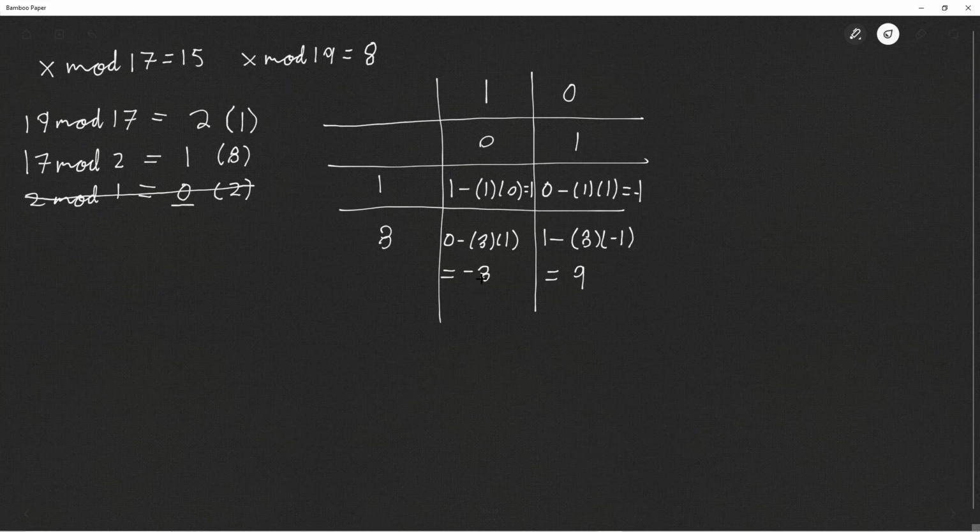So now what we do is, again, we'll take our leftmost column, which is negative 8, and multiply it by our larger prime, which is 19, and then multiply it by our opposite answer, which is 15, and that will add 9 multiplied by our smaller prime, which is 17, multiplied by our opposite answer, which is 8, which will now give us negative 1056.